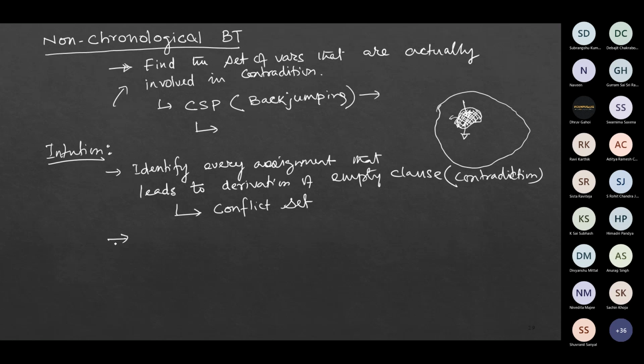And then what will we be doing? We will backtrack. As we have a contradiction, we need to backtrack, but we'll not be backtracking to the immediate previous level.